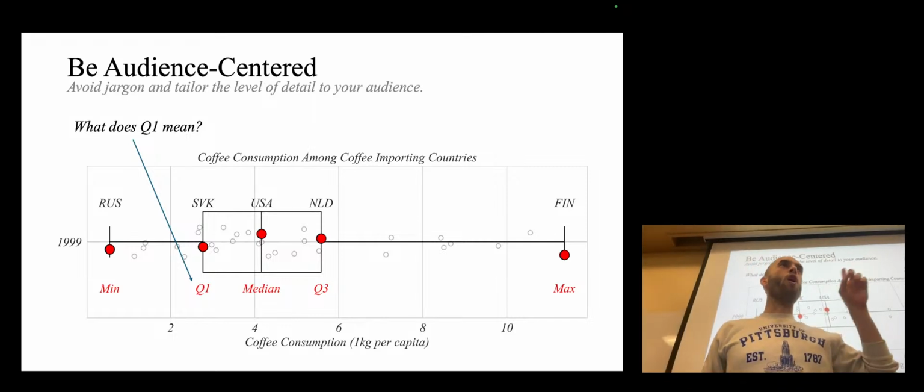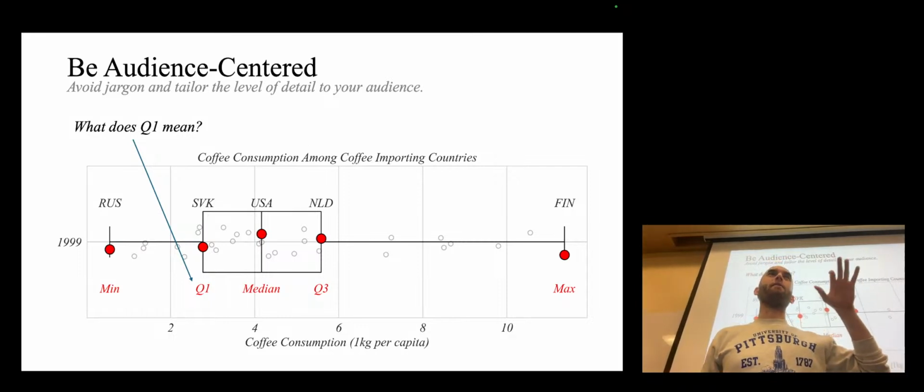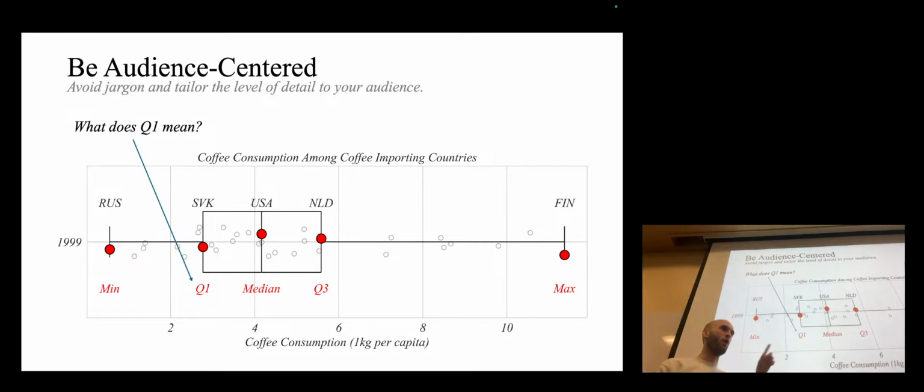Do you know how long I took to make this figure? I think it probably took me half an hour. It might have been 20 minutes. It was a long time. I made a lot of decisions constructing this figure. I selected the 5 different countries here, and I labeled them. I made decisions about the margins, like how far away the axis label should be from the vertical line.